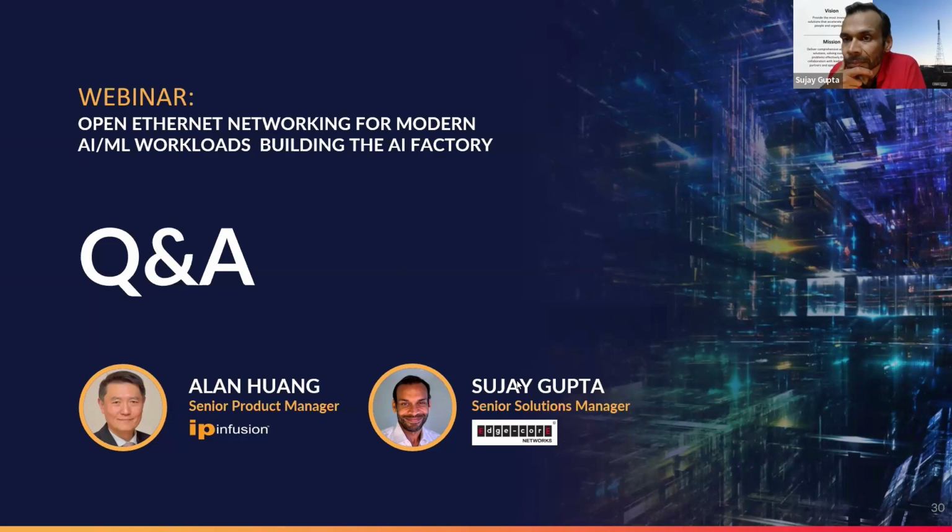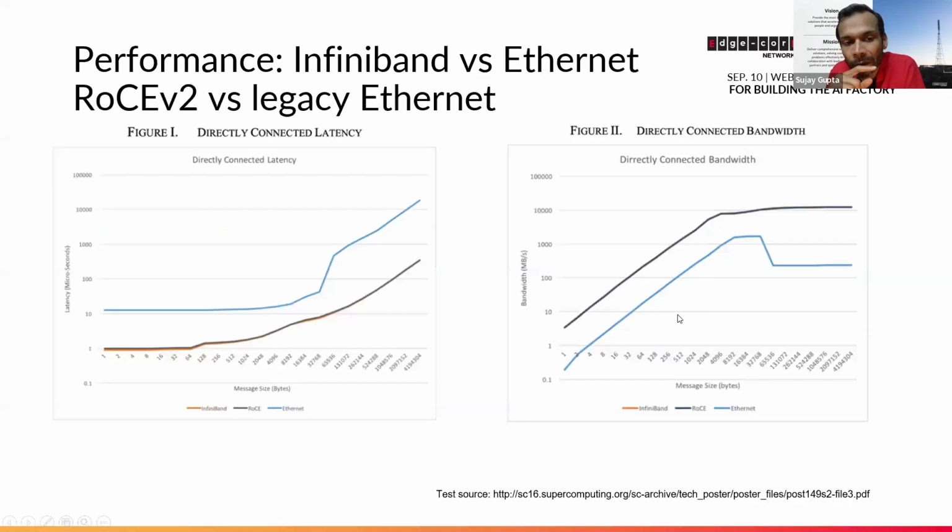But in terms of performance for an AI fabric, as you increase the number of loads, it scales linearly. Towards the end, slide number 33 shows a small graph of how InfiniBand compares with Ethernet RoCE V2.